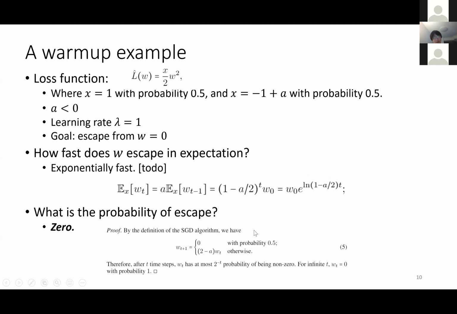However, what is the probability of escape? It turns out that as t tends to infinity, the probability of escaping is 0. You can write out the SGD dynamics, and you see that W_{t+1} is 0 with probability 0.5, and it's equal to this value otherwise.